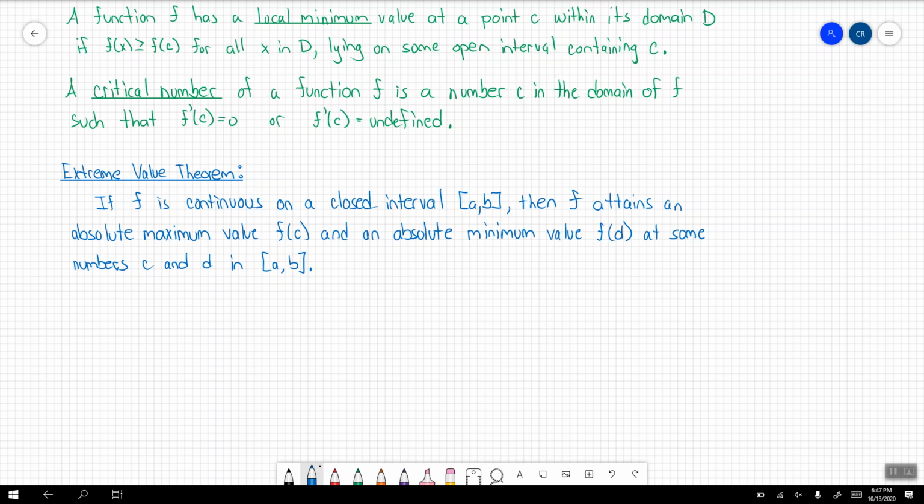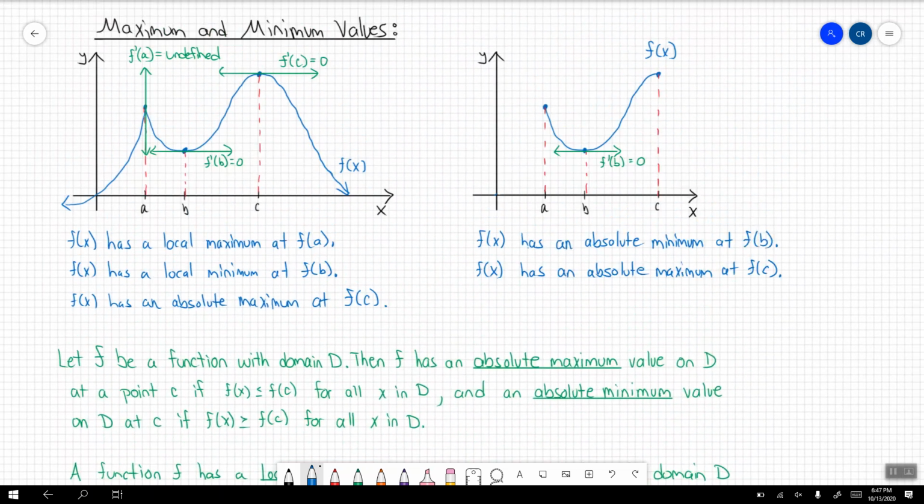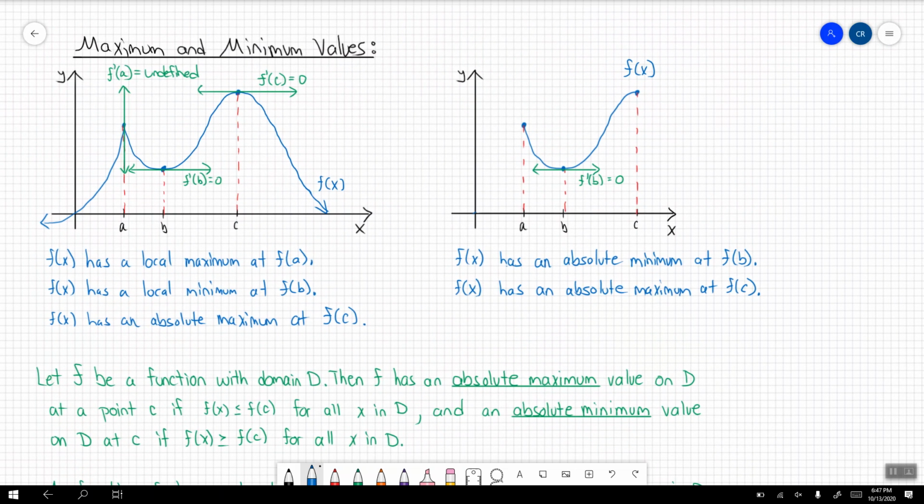This goes back to that very first graph that we depicted on screen, shown in the top right hand corner of your screen. If we restrict f of x to the closed interval from a to c, then we're guaranteed an absolute maximum and an absolute minimum.